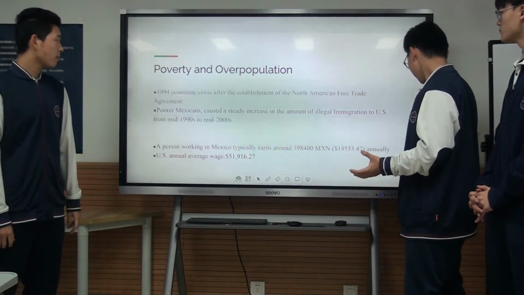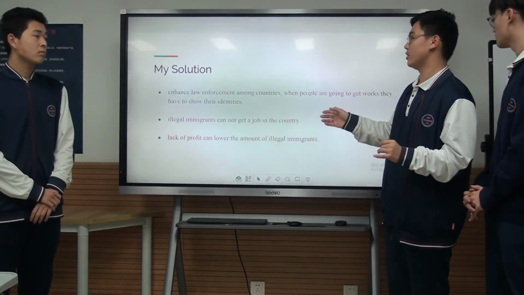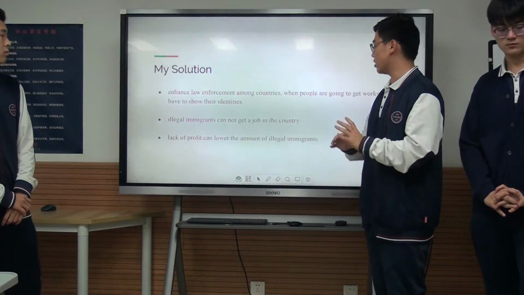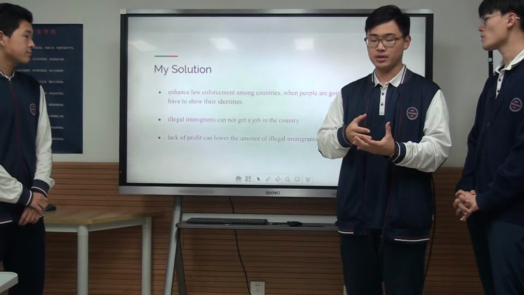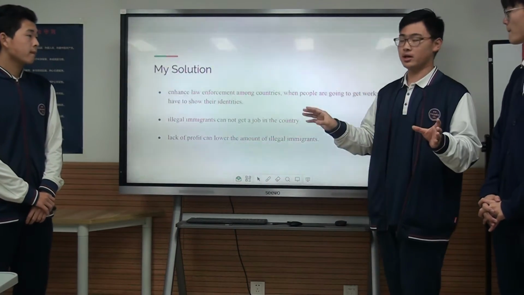And for this, I have my own solution, but it's kind of flawed. My solution when I first saw this was to enhance law enforcement among the countries, so that when people go to another country and try to find a job there, they have to have a certificate, like an ID for that country.